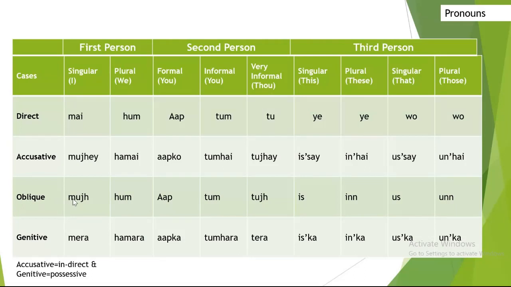Now let's look at the third case, oblique. First person, singular and plural. The example in English would be, talk to me. So the first person singular, मुझसे बात करो. And the plural, हमसे बात करो.